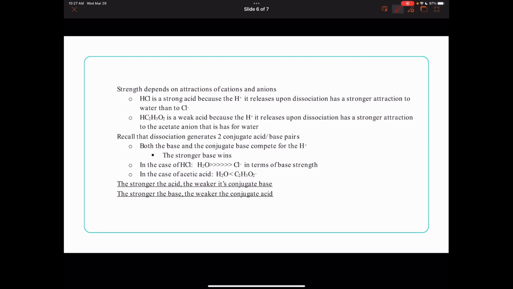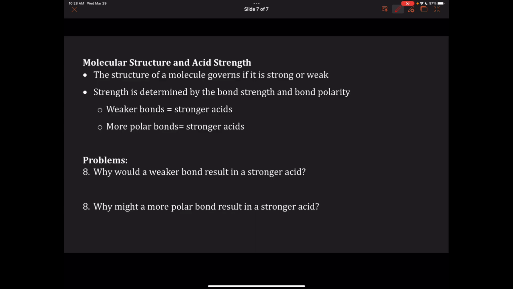If the conjugate base is stronger, we're going to get that weak acid. So the stronger an acid is, the weaker its conjugate base. That's what makes it a strong acid, because that conjugate base can't reverse the reaction. The stronger a base is, the weaker its conjugate acid will be. And in turn, the weaker an acid, the stronger its conjugate base.